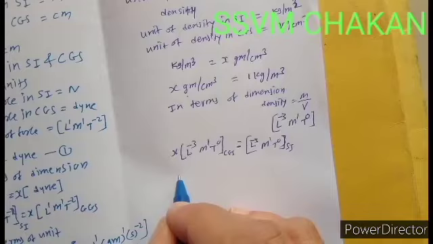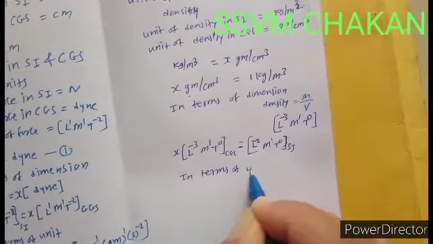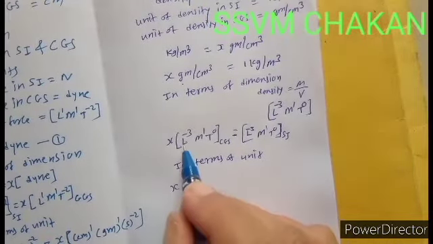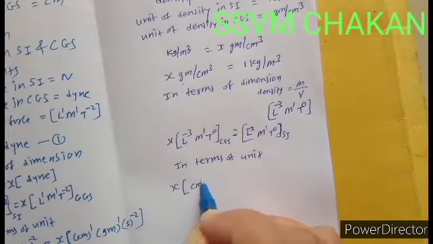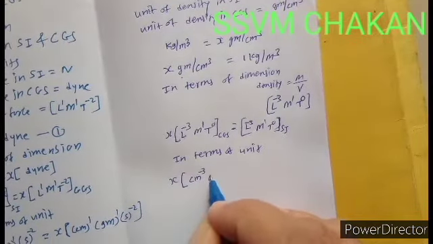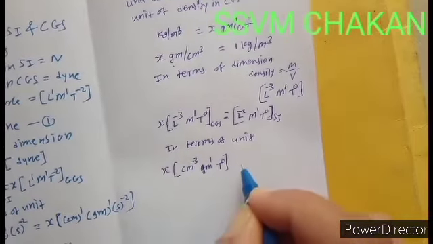So write in terms of units. So x inside bracket: length measured in cm raised to minus 3, mass measured in gram raised to 1, T raised to 0.